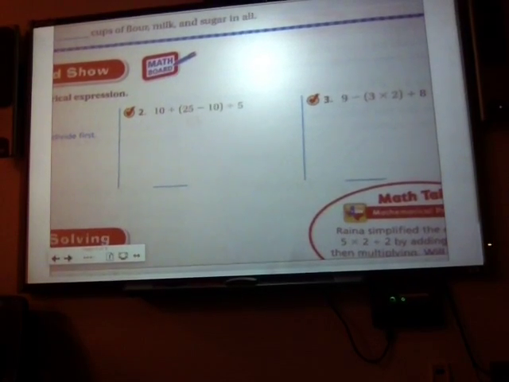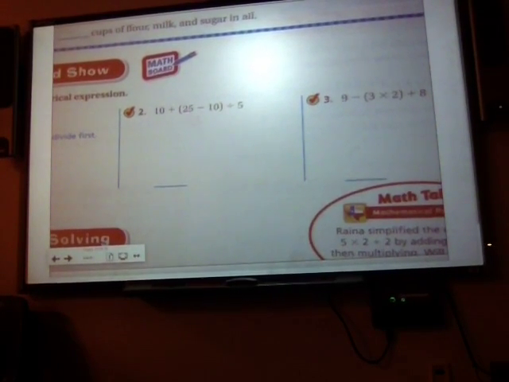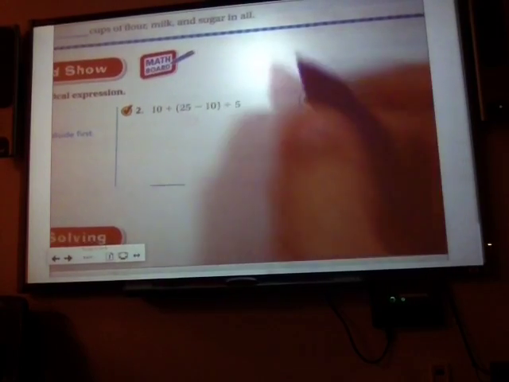In this story problem, so to speak, I have 3 operations going on. All right, here we go. So what am I going to do first? I'm going to write my PEMDAS up here.